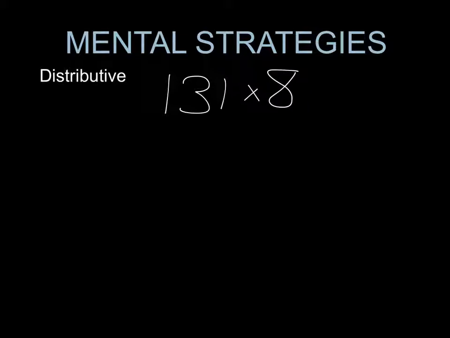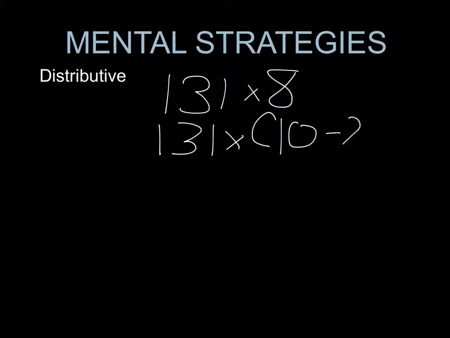I'm going to write 8 in terms of 10, as 10 plus something or 10 minus something. So obviously, 8 is actually 10 minus 2. So I can write it like this. Again, I chose 10 because 10's easy to work with. And 8 is 2 less than 10, so 8 is the same as what's in the brackets here.